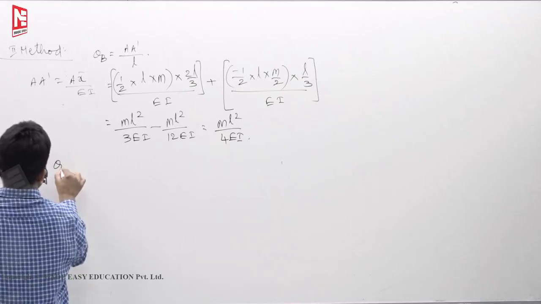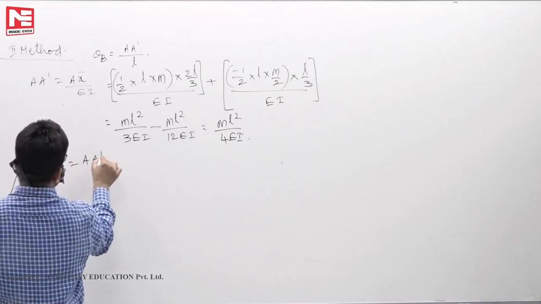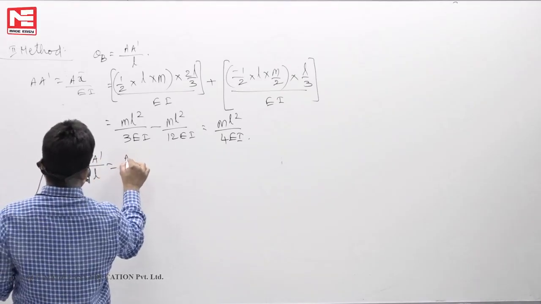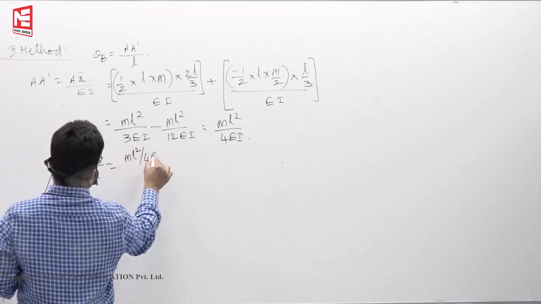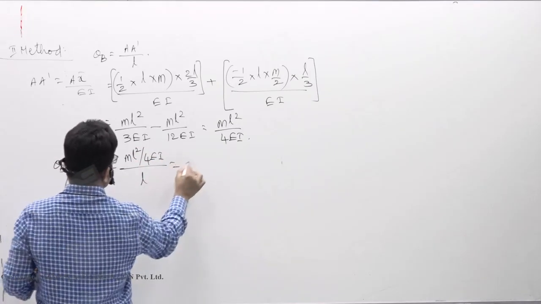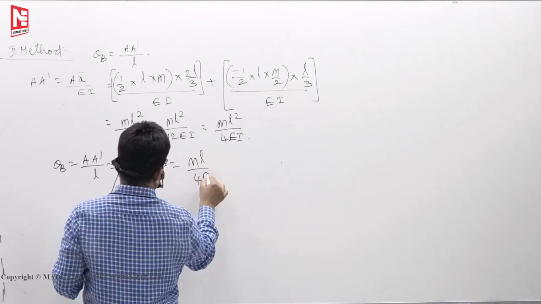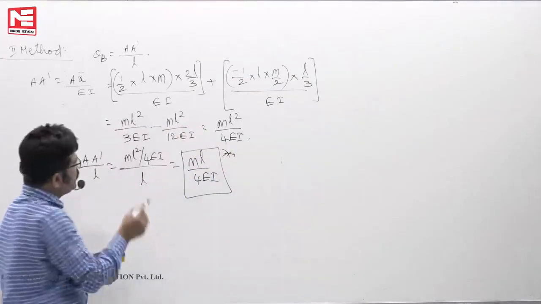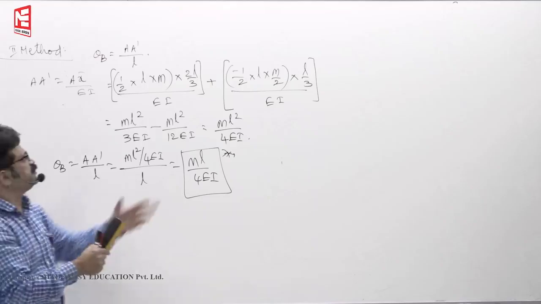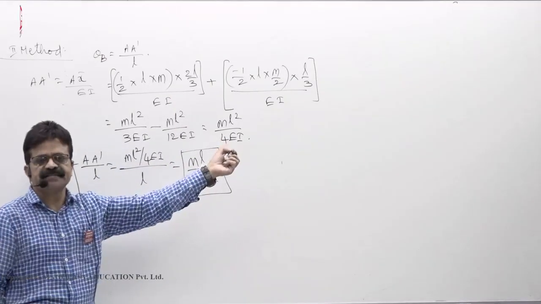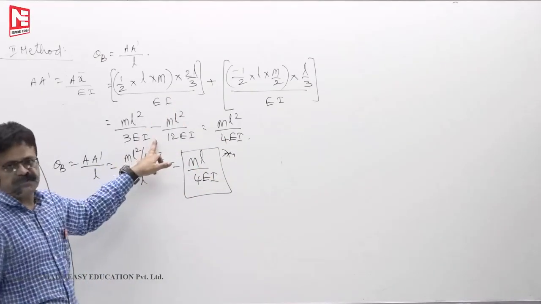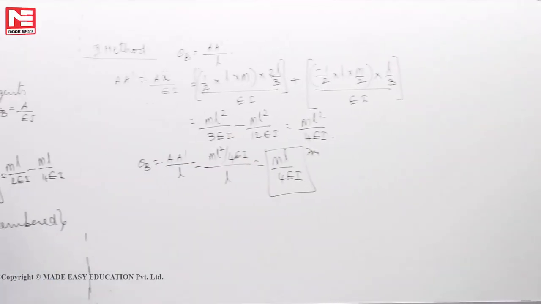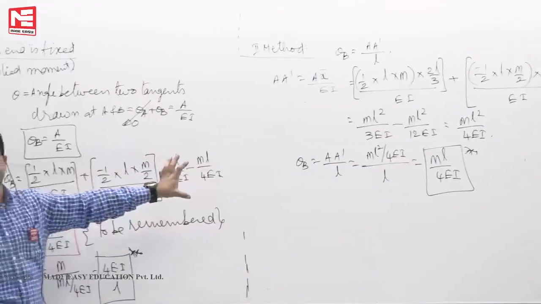Now theta B is nothing but A dash by L. That means ml square by 4 EI by L. Same formula. Only thing is, for area into x bar terms you have to spend maybe 15-20 seconds of extra calculation. Otherwise we can directly get the area.